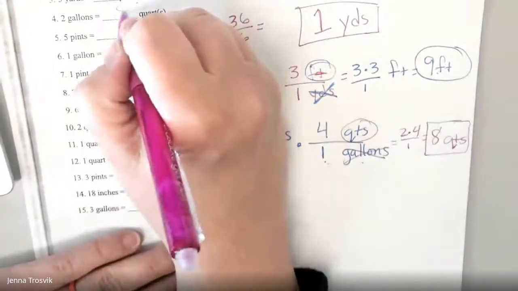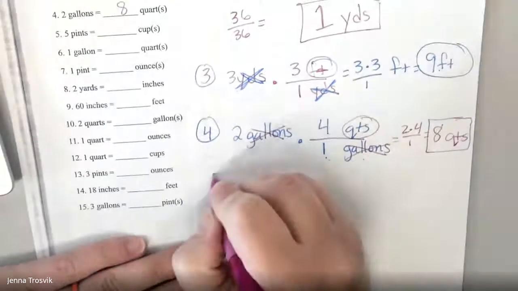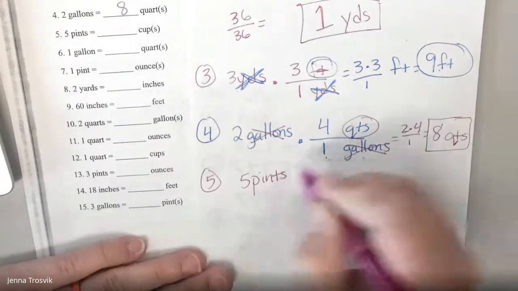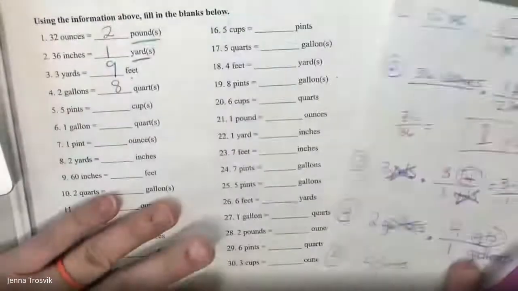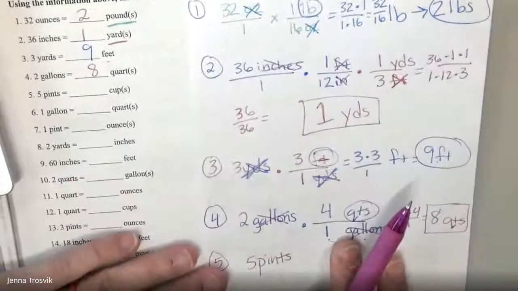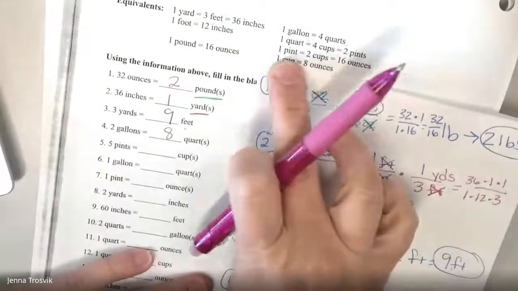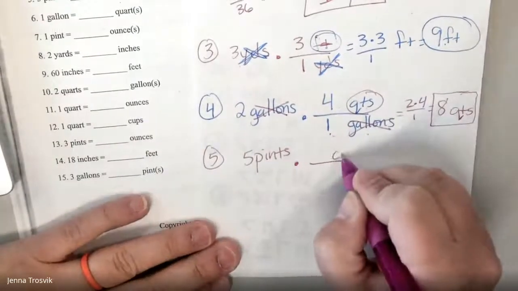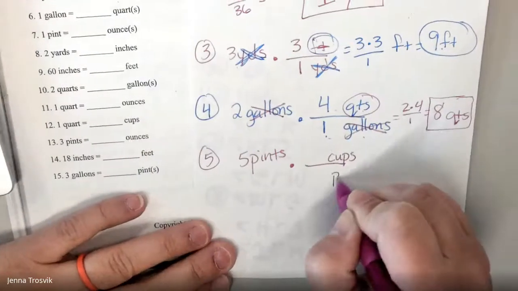All right. Number 5, 5 pints, and we have to turn it into cups. If you look at pints to cups, we can do that right away. 2 hops, 1 pint equals 2 cups. So I'm going to multiply. I want to get rid of pints because I want cups as my label, so pints has to be on the bottom.